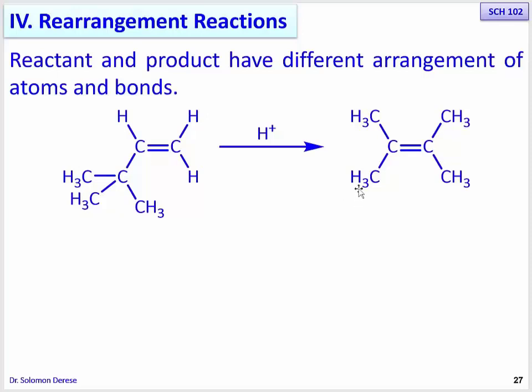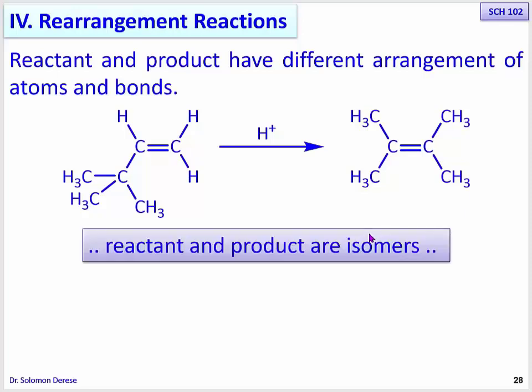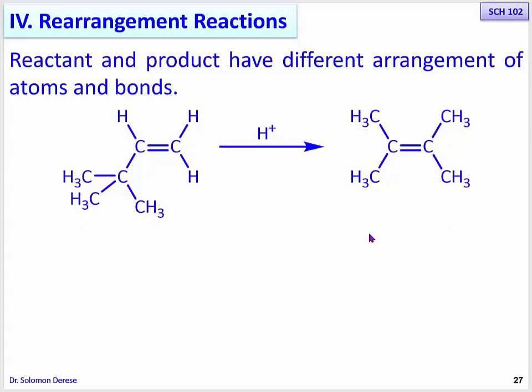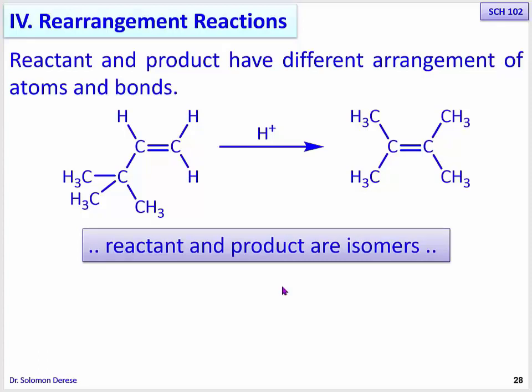And then we have 3 plus 3, 6, plus 3, 9, plus 3, 12. So both of them are C6H12. The only thing that happened during the course of this reaction is that the atoms changed position. So this is a rearrangement reaction. Reactant and product are basically isomers of each other.